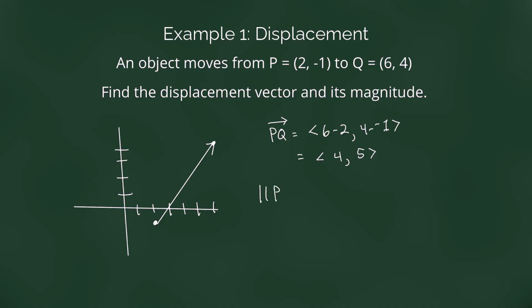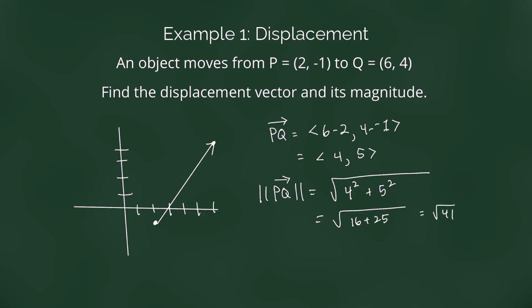The magnitude of PQ is going to equal the square root of 4 squared plus 5 squared, which is the square root of 16 plus 25, which is the square root of 41.